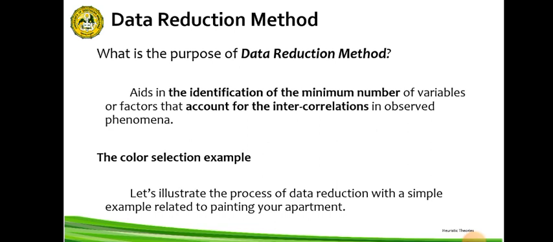So let's say that you are deciding on what color you should paint your apartment. Since there are literally myriads of color choices, we attempt to identify the minimum number of variables or factors that account for the intercorrelations among all of these colors.